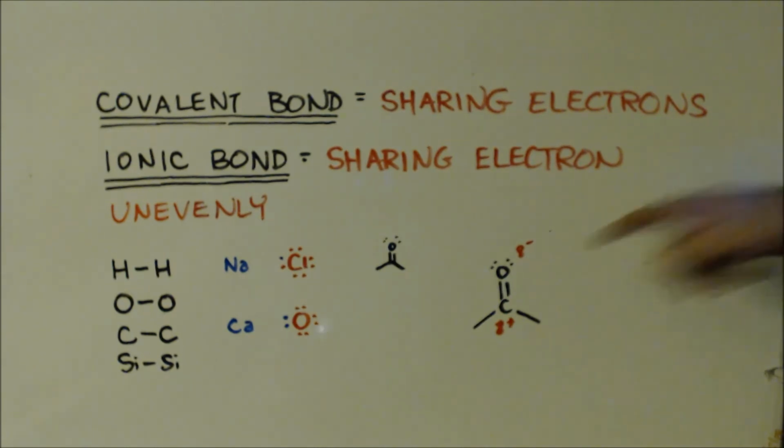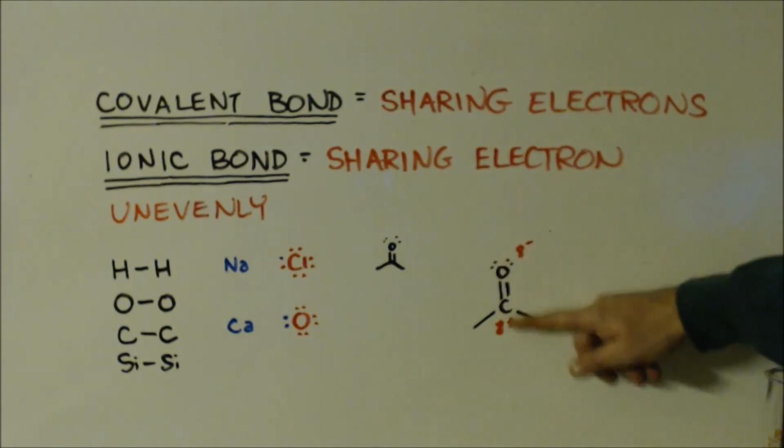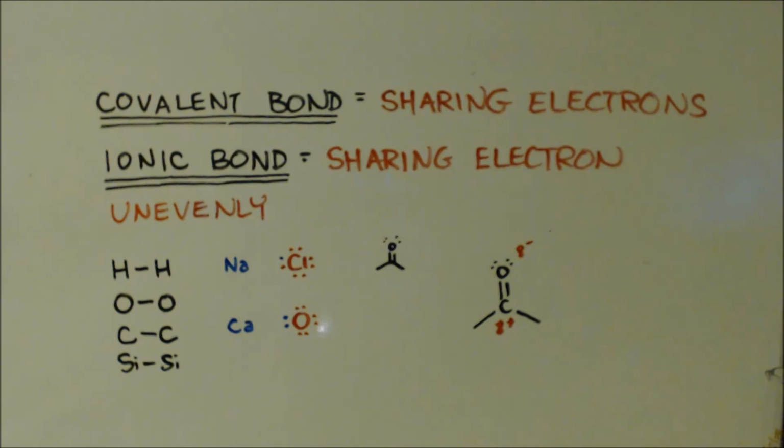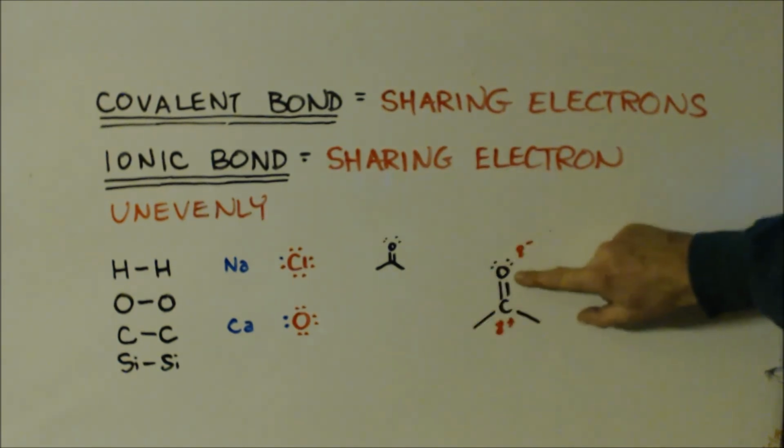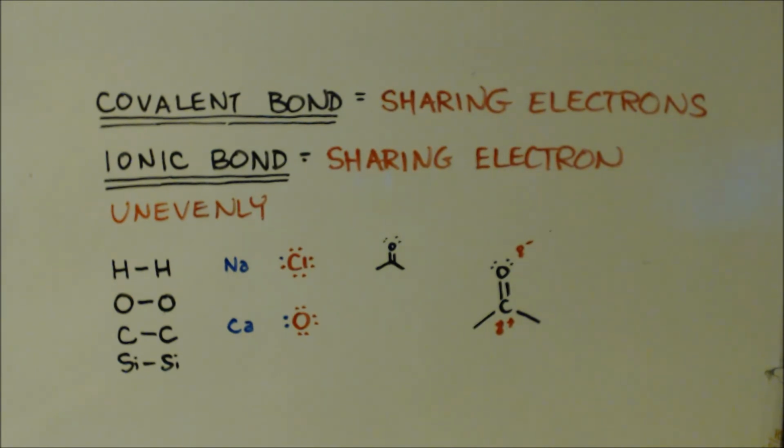There's going to be more times where the electron is over here than it is over here by the carbon. That will make this side of the molecule up by the oxygen have a partial negative charge. Down here, since it's not going to see the electron as much, you're putting a partial positive charge.